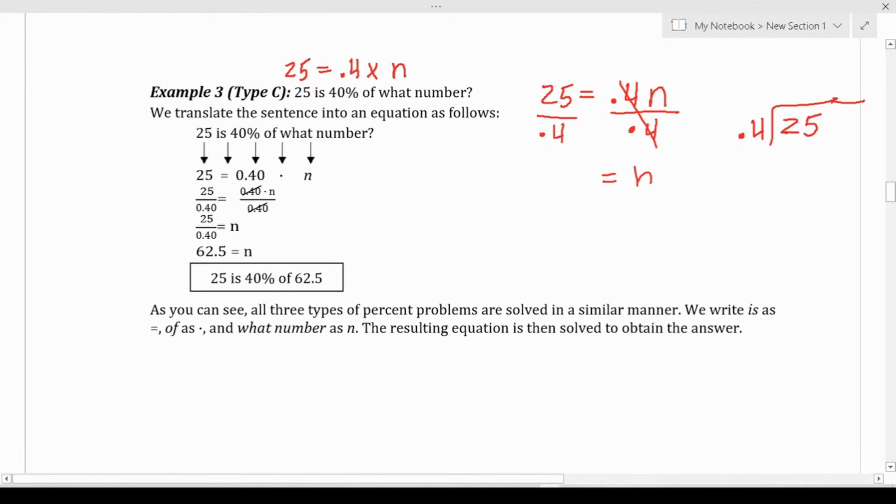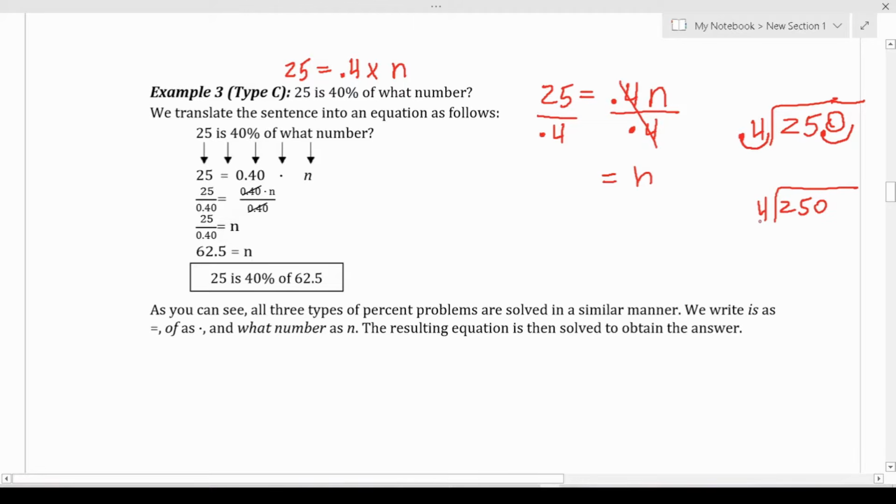The rule to doing division involving a decimal and a whole number is that you cannot have a decimal outside this division bracket, in which case you're going to have to take this decimal in 0.4 and shift it one time to the right to make it 4. And you're going to have to do the same thing to 25, a corresponding number of times, and add a 0. So in reality, we're working out this problem, 250 divided by 4.